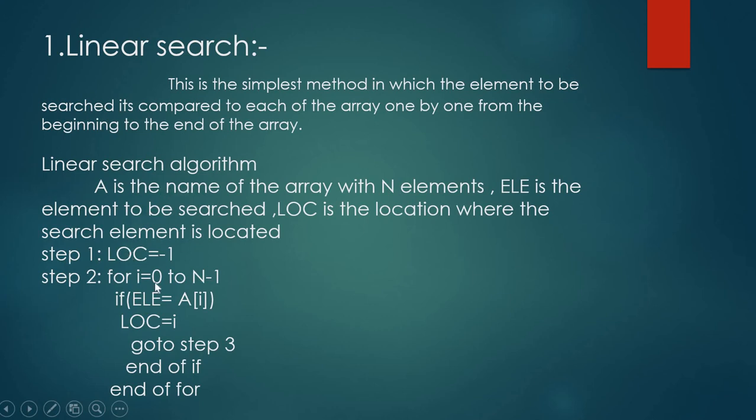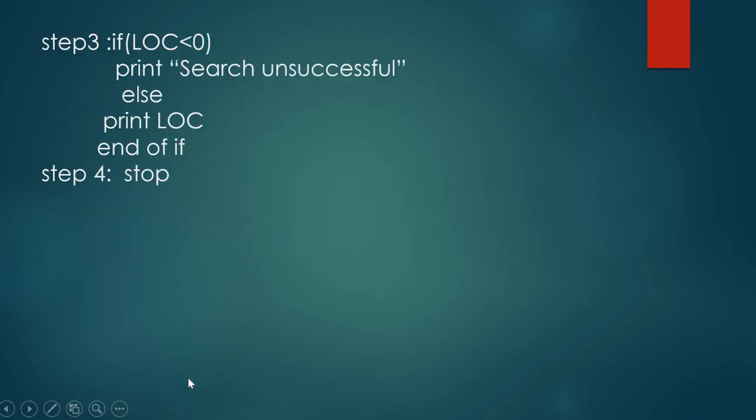The linear search algorithm is: first, we set the location to -1. Then in a for loop, if ELE is equal to A of I, location will be I. It repeats, and after completing the for loop, we check the location.